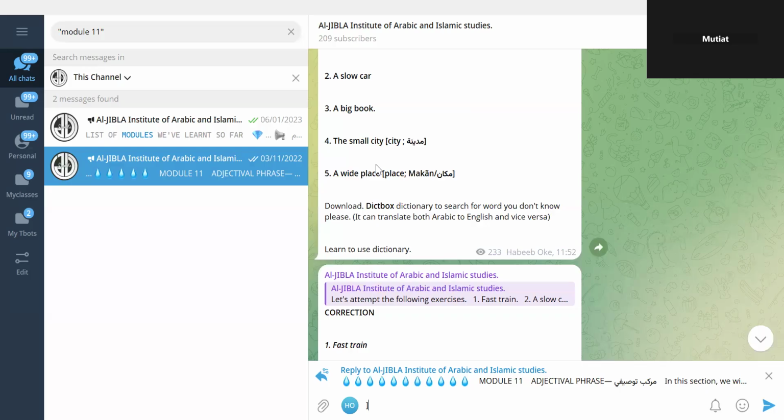Al-Madinatu as-Saghira. That's where you put it. If you're going to put the definite article on the first one, you have to say as-Saghira.